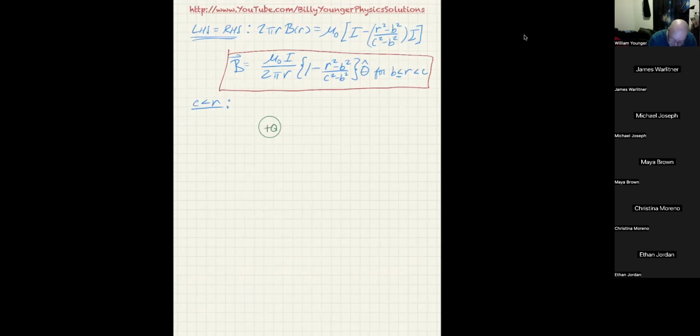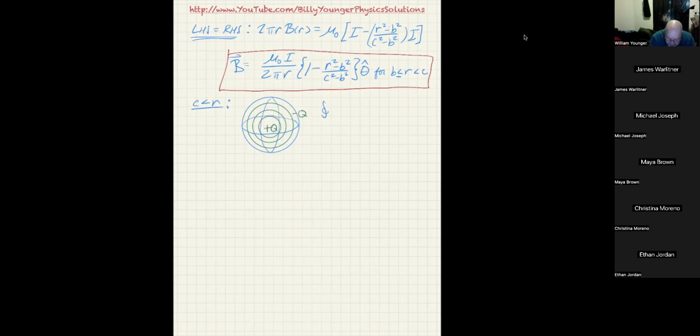And then you could have yet another sphere outside of that one, and that sphere, in fact, could have a charge of negative Q. And then once you make your Gaussian surface, which is a sphere of radius bigger than these things, you can sort of see it here.